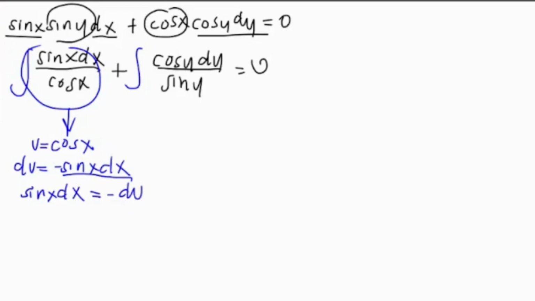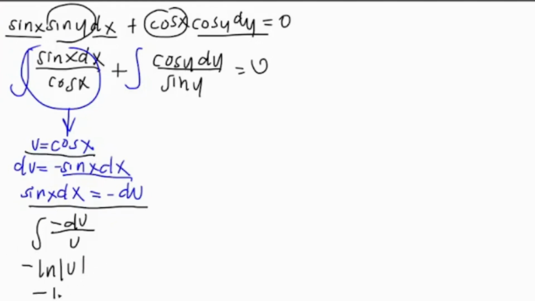Ngayon, pwede natin i-substitute. So, magiging siyang integral of negative du all over u, so magiging negative ln u or negative ln cosine x. Yung u is yung cosine x. Kaya yan na yung answer dyan sa integral na yan. Ilipat natin.